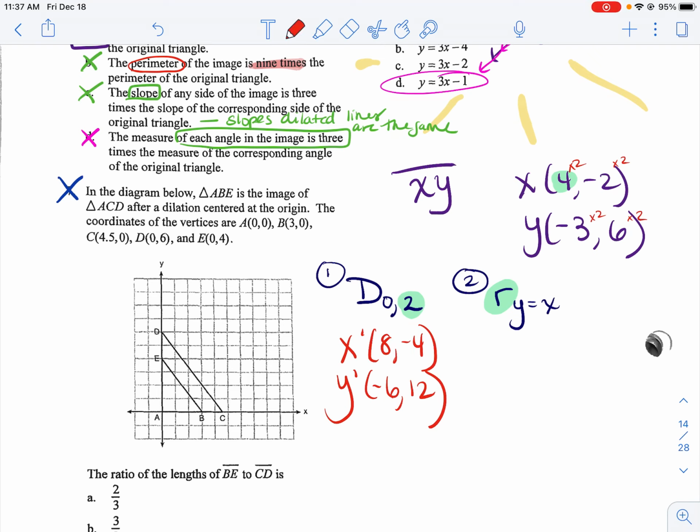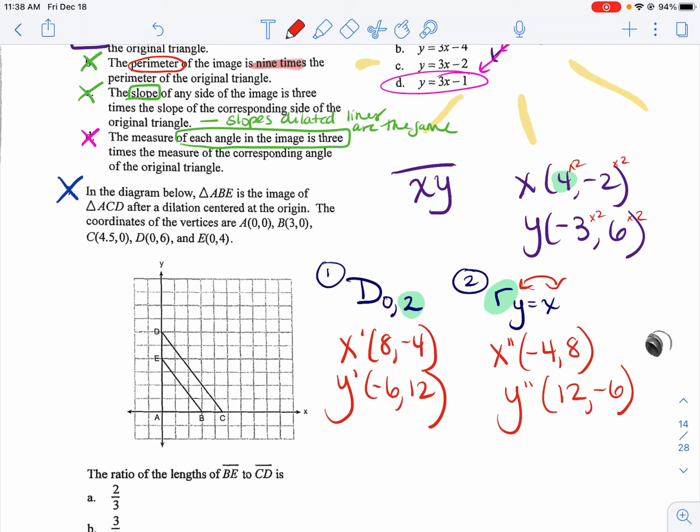You could certainly plot these points and then reflect them over the line y equals x. But there's also a trick. I always remember that X comes before Y in the alphabet. So what we're really doing is just flipping them. So X double prime would turn into (-4, 8), and Y double prime would turn into (12, -6).